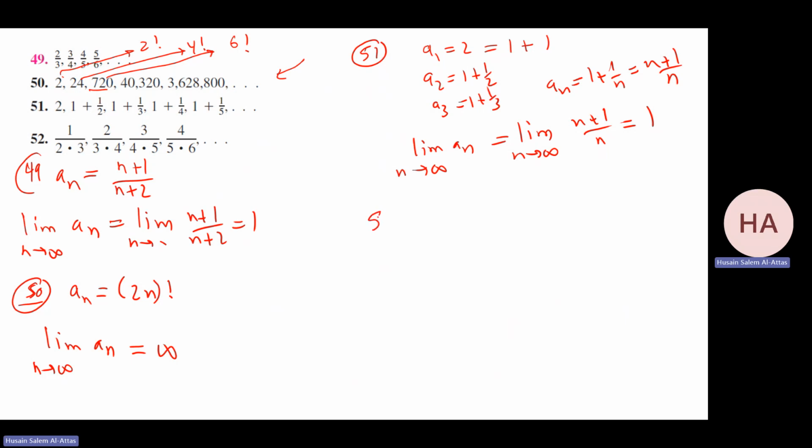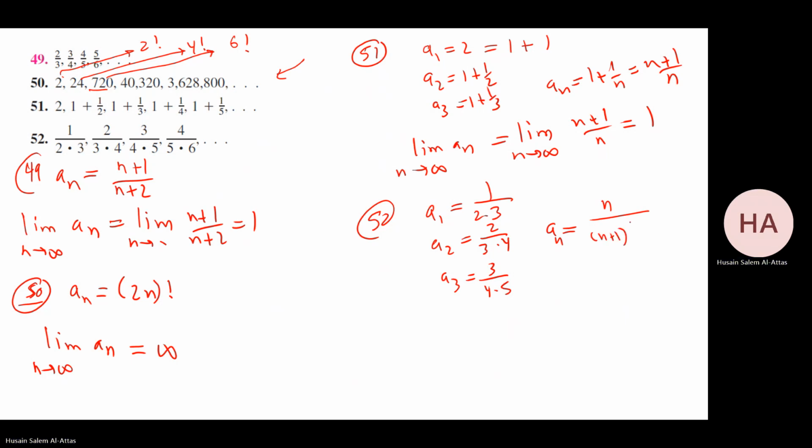52. I have what? a1 is 1 over 2 times 3. a2 is 2 over 3 times 4. a3 is 3 over 4 times 5. So a_n will be n over n plus 1 times n plus 2.